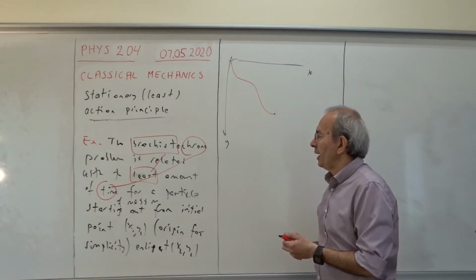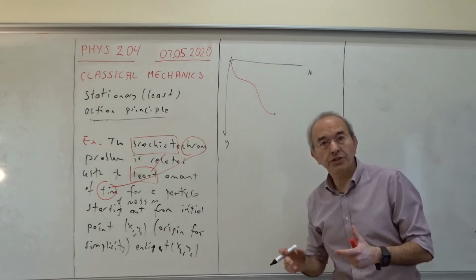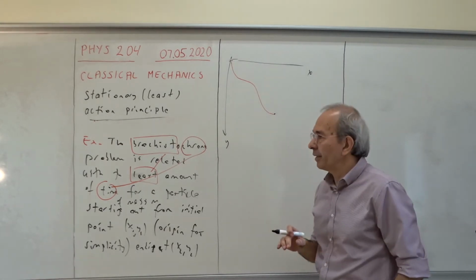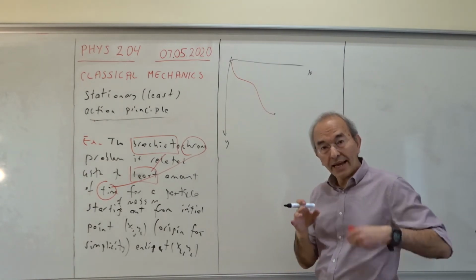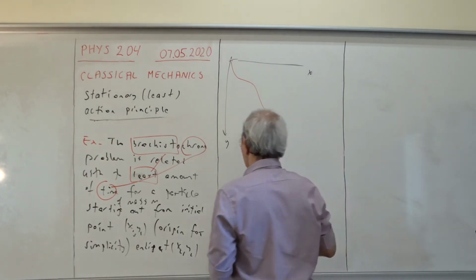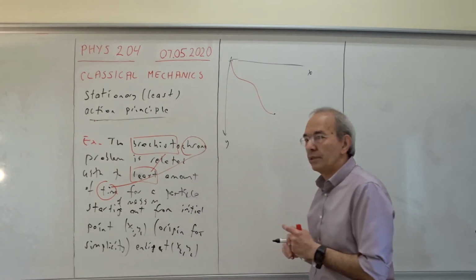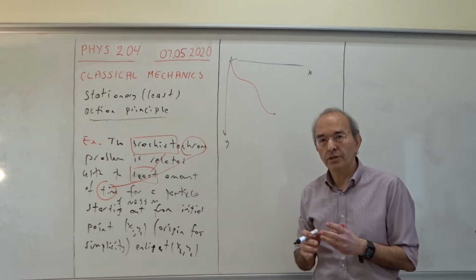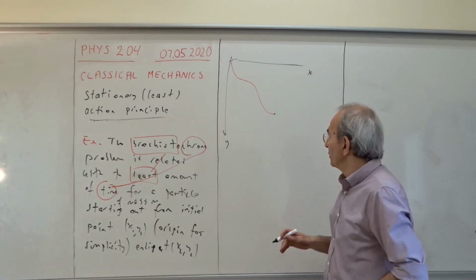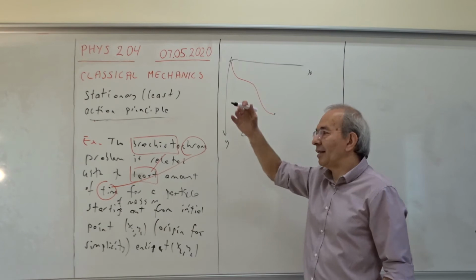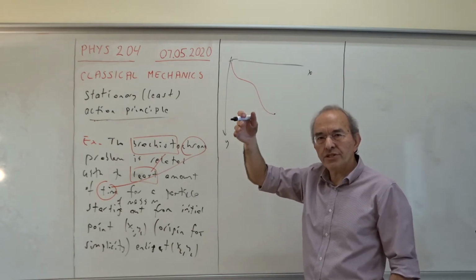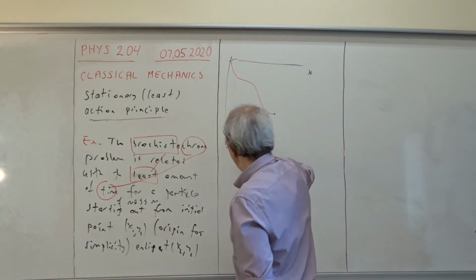Alright, now we need the Lagrangian. First of all, let me say another thing about the Lagrangian and action in general. Does action have a unit? Sure. So what is the unit of that? L is kinetic energy minus potential energy.